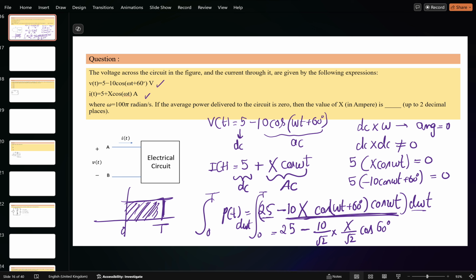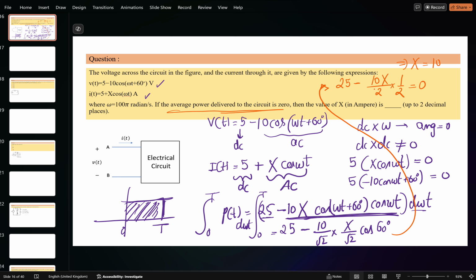Let me solve it here. It will come out to be 25 minus 10 times x divided by 2 multiplied by 2. It is given in the question that the average power is 0. When you solve it, it will come out to be x is equal to 10.